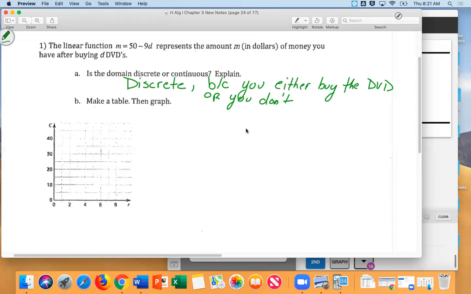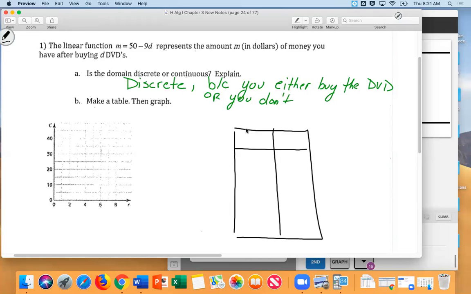All right. So we're going to make a table. And it was D for DVDs and M for money. All right. And Sophie, this time I just went 0, 1, 2, 3, 4.